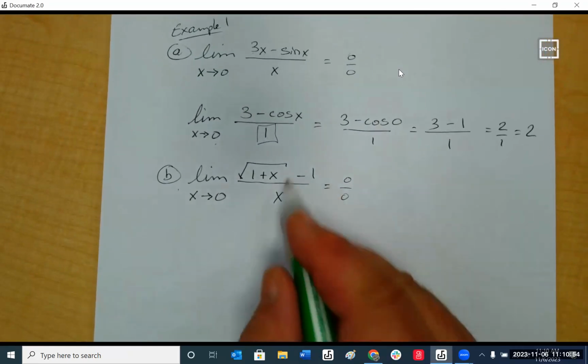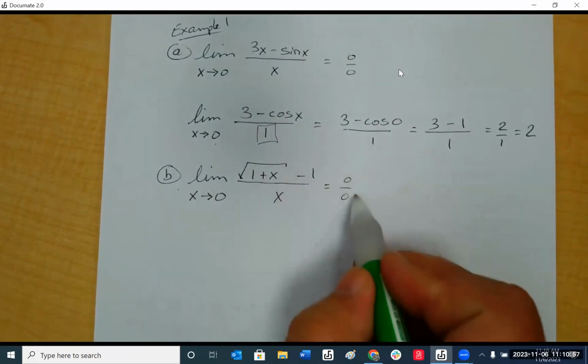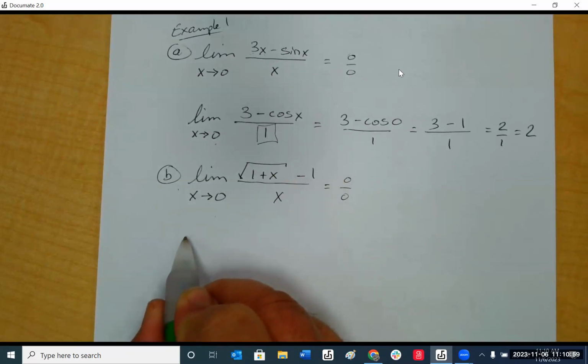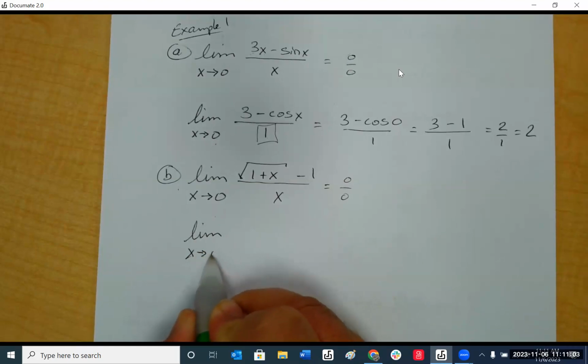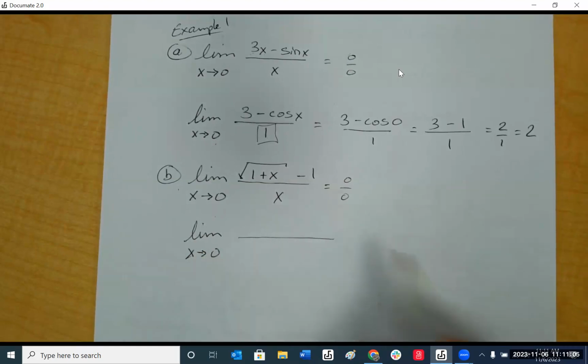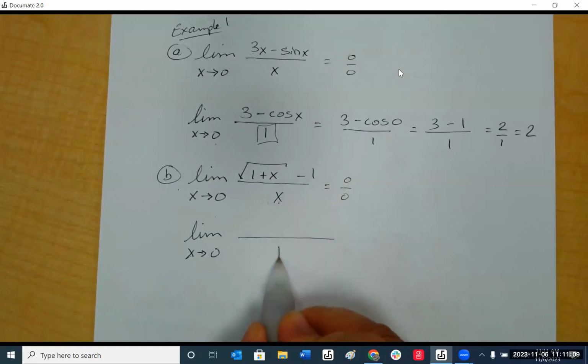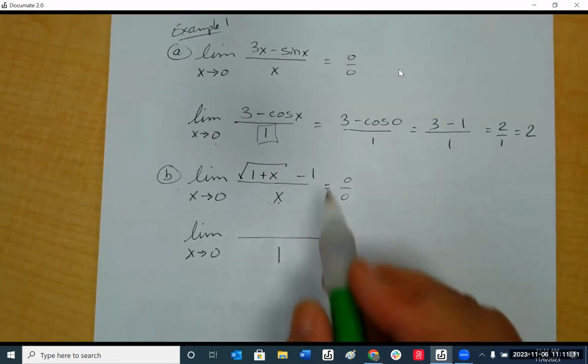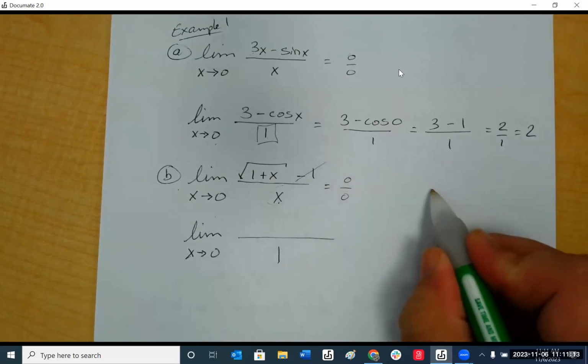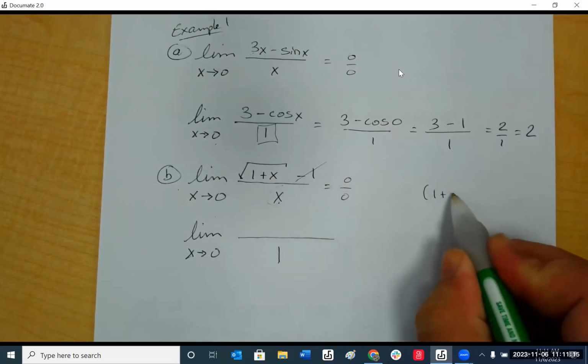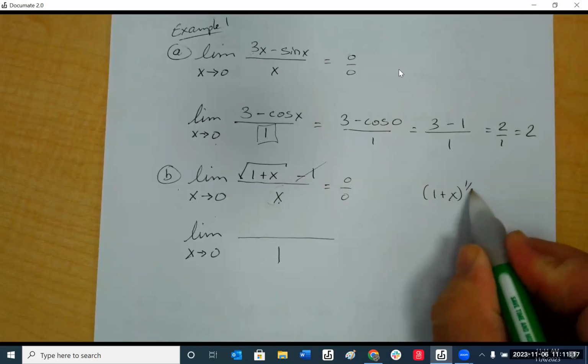Okay, so we get 0 over 0. If we plug in 0 in there, we get 0 over 0. So using L'Hopital's, the bottom's going to be 1. This one disappears. So we just have to take the derivative of 1 plus x to the power 1/2.